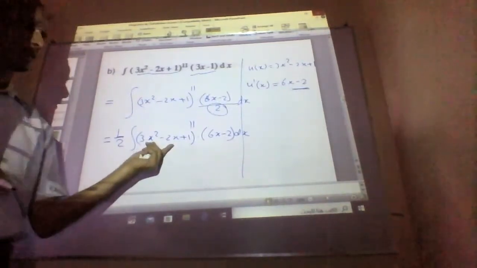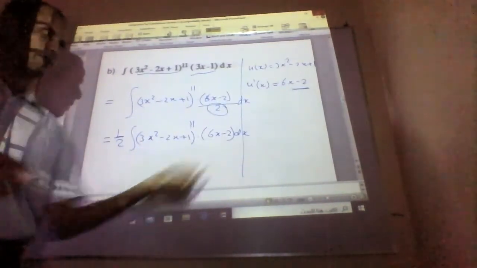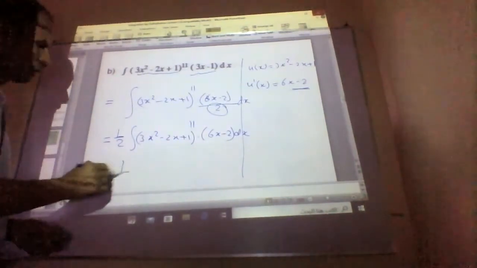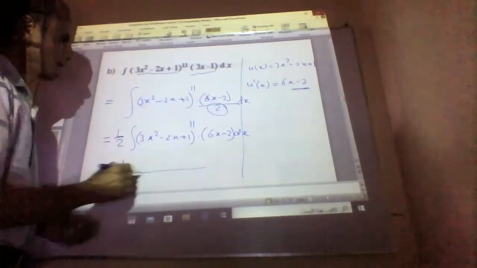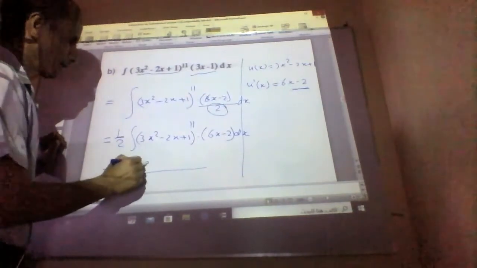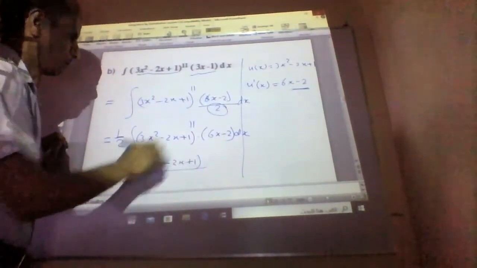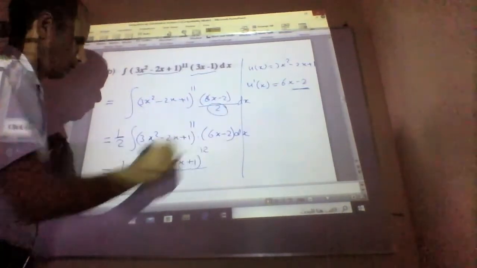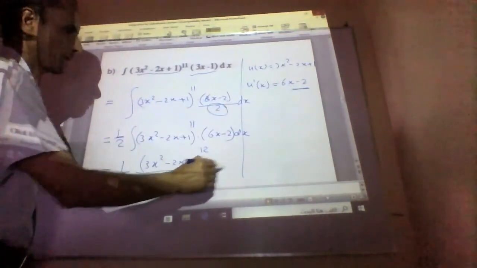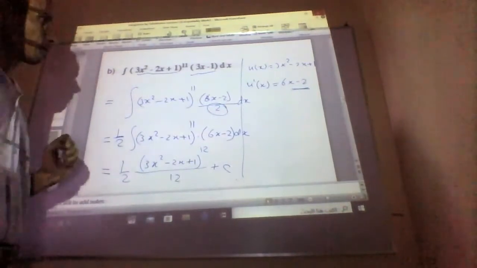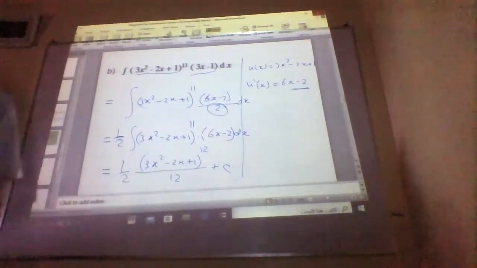Now we have u of x and we have u dash of x. So our integration will be half times the function u itself, 3x power 2 minus 2x plus 1, power 11 plus 1, power 12, all divided by 12, plus the constant.